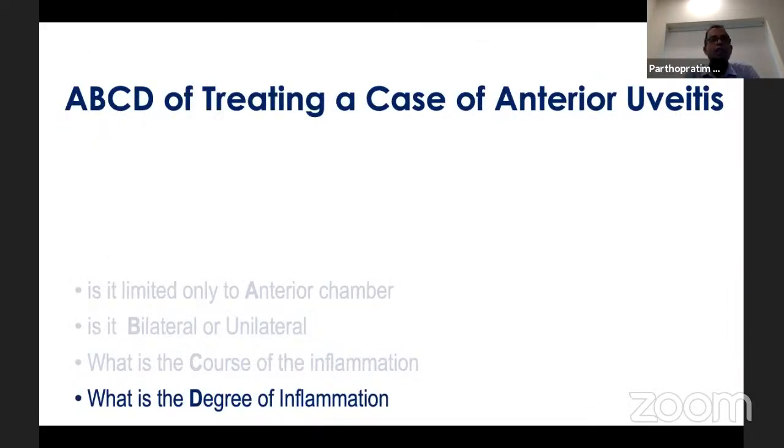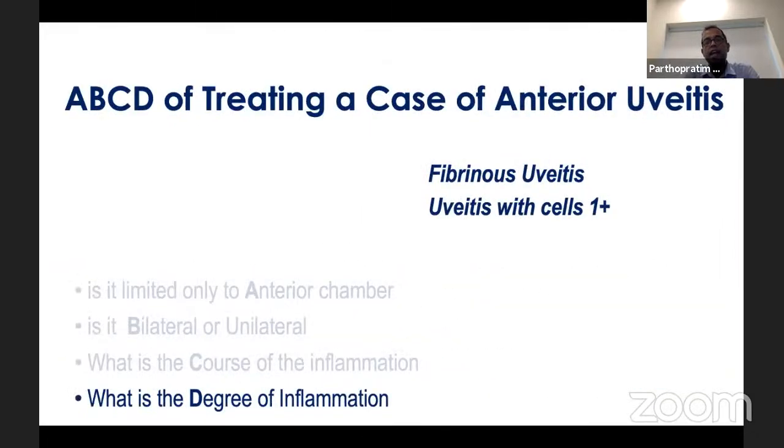The next important thing is the degree of inflammation. What is the degree of inflammation inside the eye? For example, you have a patient with fibrinous anterior uveitis, and another patient with uveitis with occasional cells or 1+ cells. Will you treat both patients similarly?